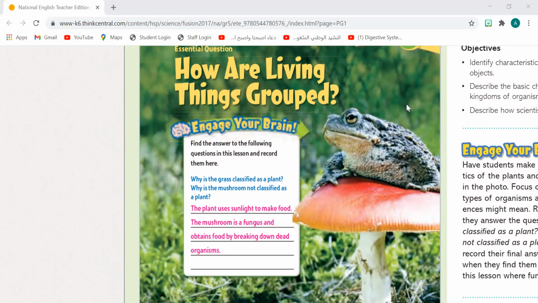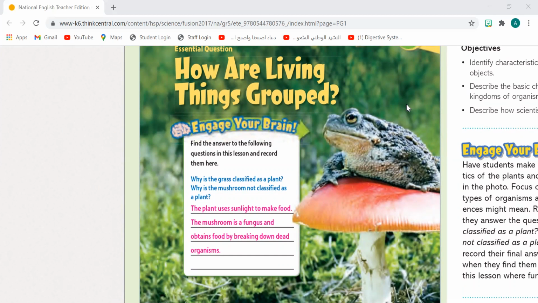So we use the word classify to put living things in specific, smaller groups. We want it to be more accurate. So we are going to classify each living thing into a different group to learn more about them, to know which groups have different types and different things.